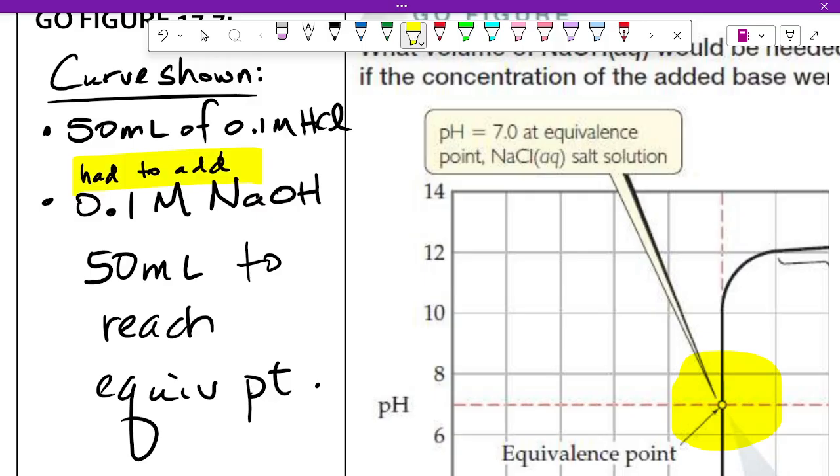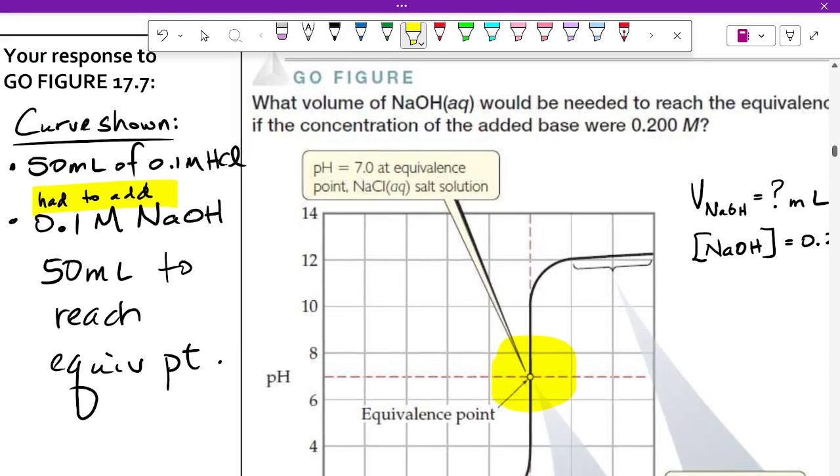And now we can look at the question again. The question says, we're changing something. What volume of NaOH would be needed to reach the equivalence point? Remember, originally we used 50 milliliters of 0.1 molar to reach the equivalence point.